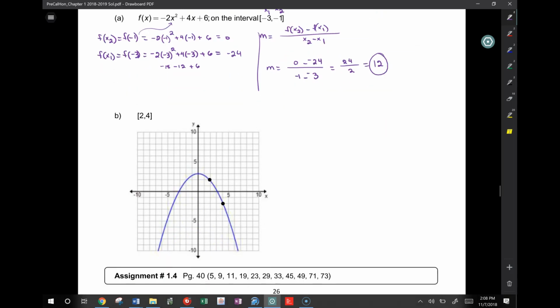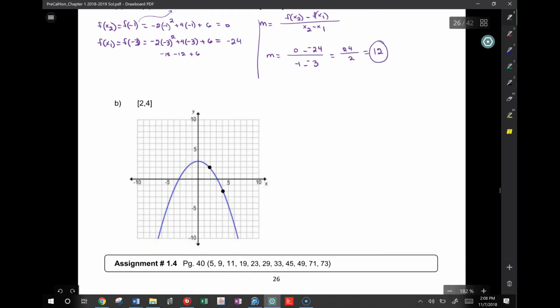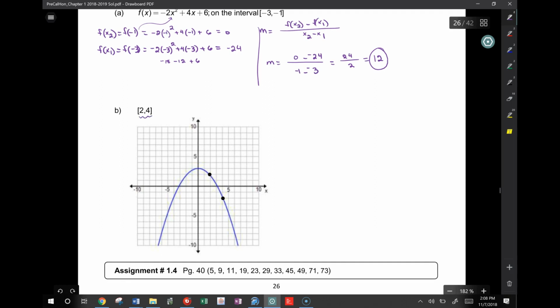All right. Here, I've actually even helped you out. You have this interval, 2 to 4, so x1 and x2. But now, where are f of x1 and f of x2? On the graph, right?